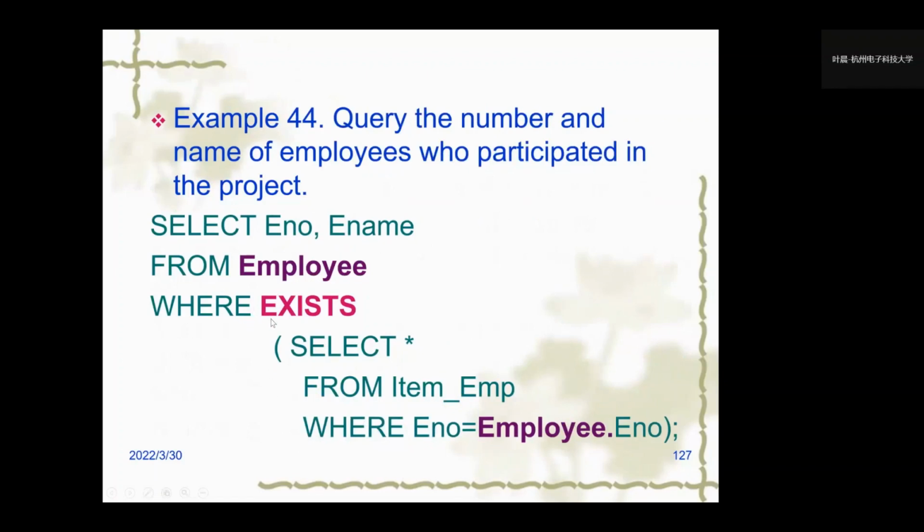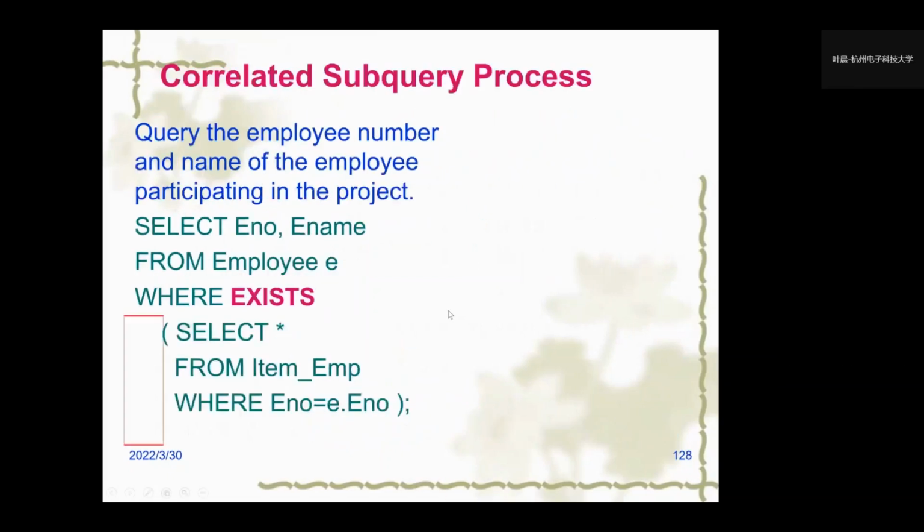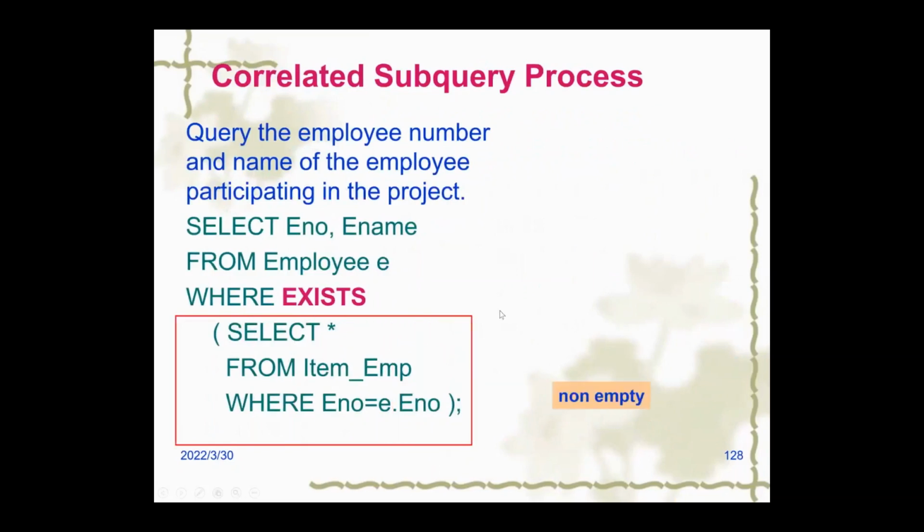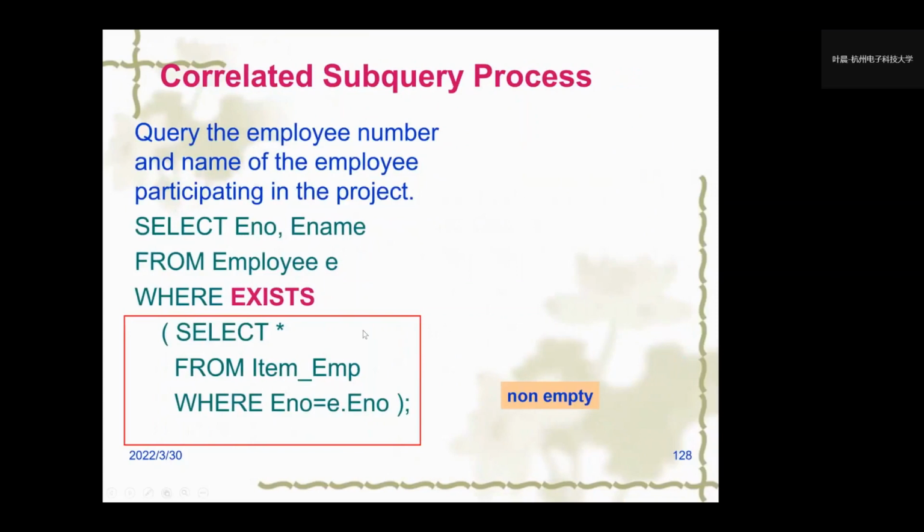And for this result of the subquery, we can just select the e number and e name related to them. So here we can see the process of this query language.